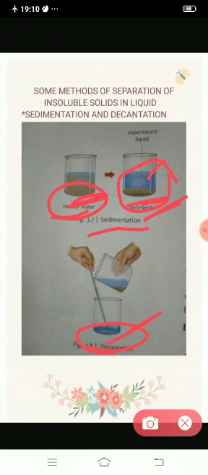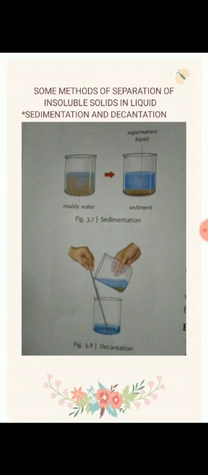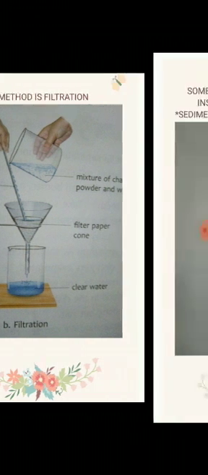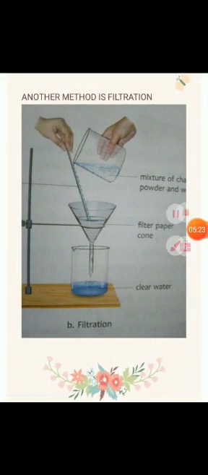So sedimentation occurs first, and after sedimentation we follow decantation. After decantation, maybe some insoluble particles still remain in the water. So what can we do? The next process, followed after sedimentation and decantation, is filtration.